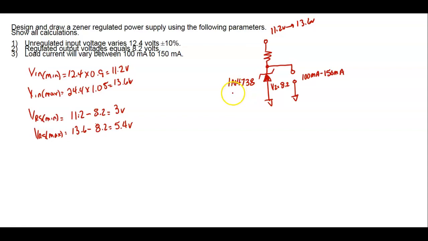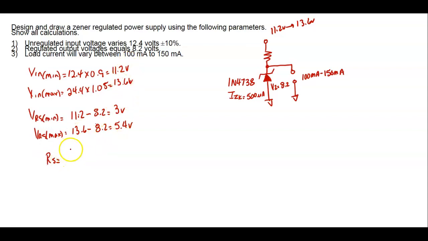And then IZK, what's IZK for this? We might as well go ahead and write it down. 500 microamps. Yeah, because the maximum we get, yeah. We're okay? So 500 microamps. Next, we're ready to calculate RS, right?